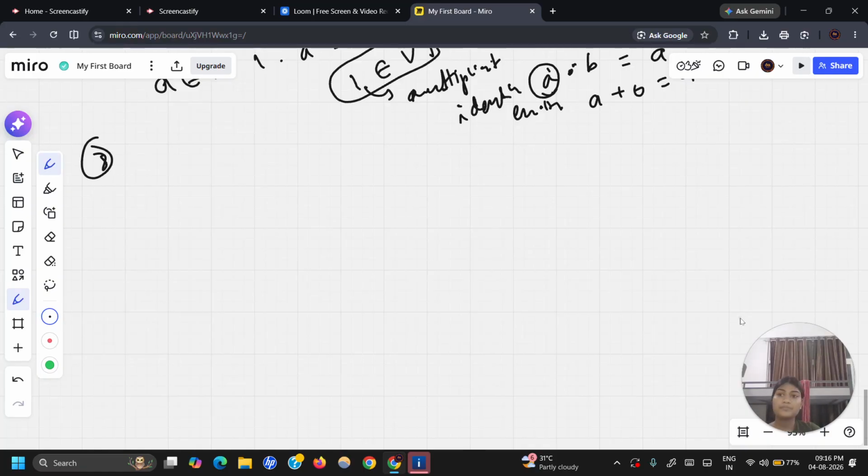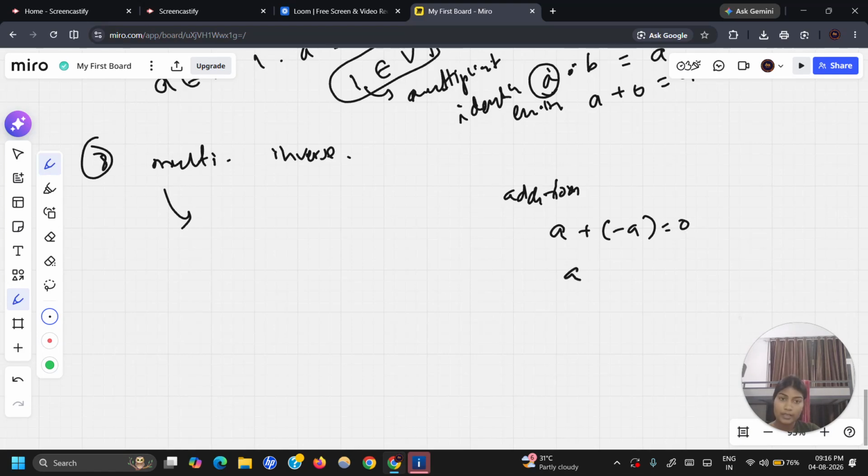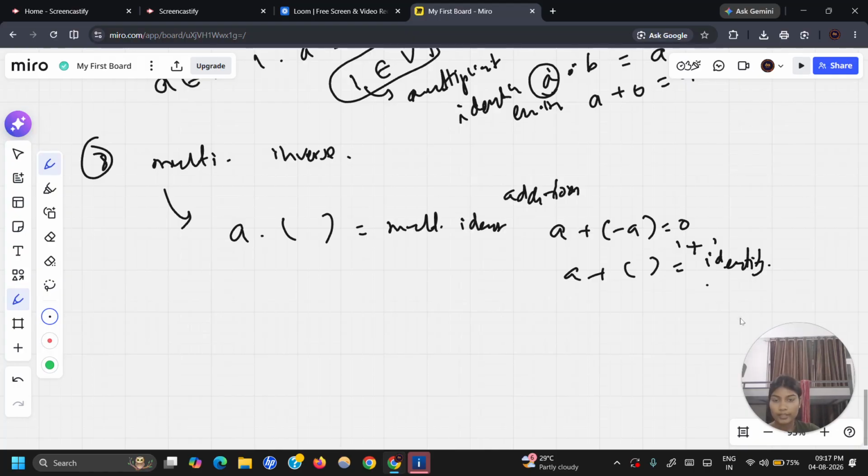Coming to the next, multiplicative inverse. So in addition, we have seen additive inverse, like A plus minus A equals 0. That means A plus something should be equal to the identity, like additive identity. So here also A into something should be equal to multiplicative identity, that is 1.